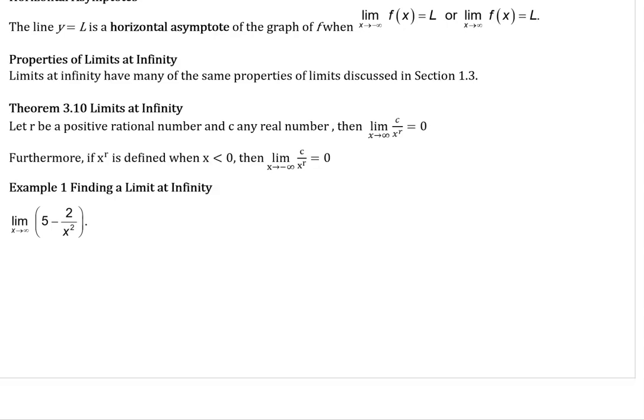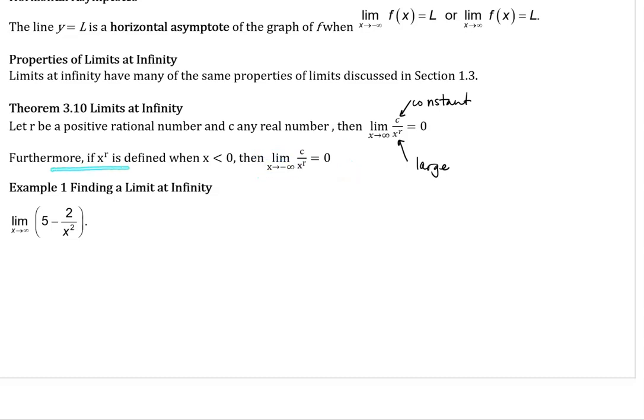And if we think about it, that makes sense because the numerator is staying constant and the denominator is getting very, very large. And as your denominator gets very large, your fraction gets very small. It goes to 0.